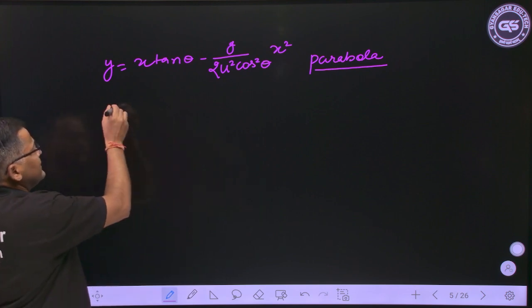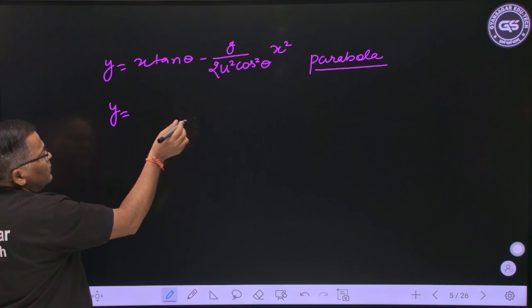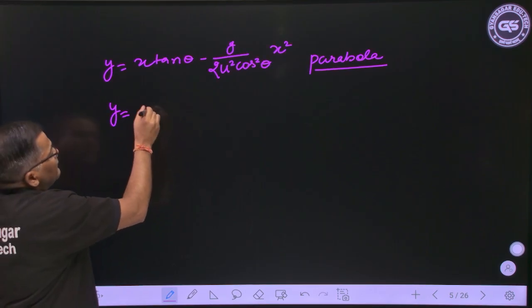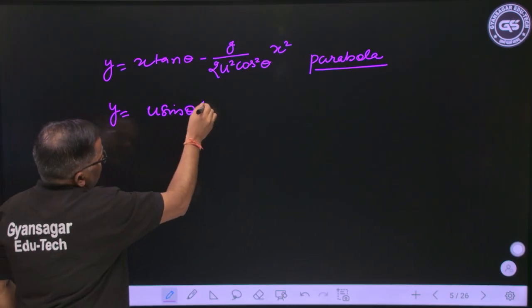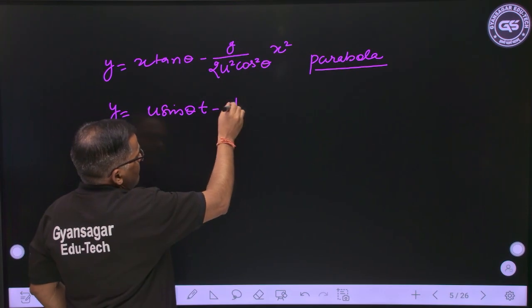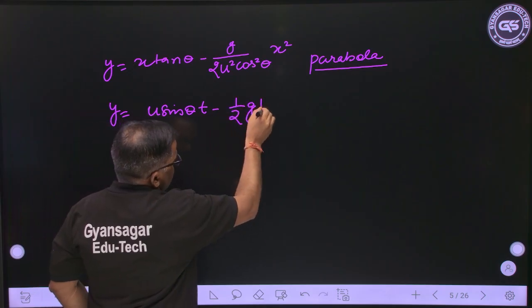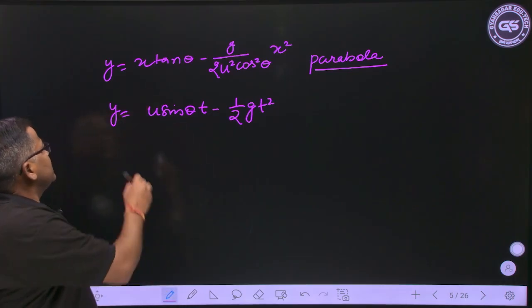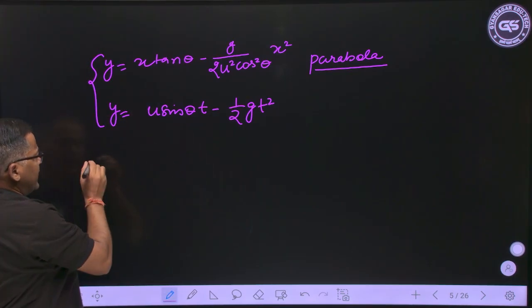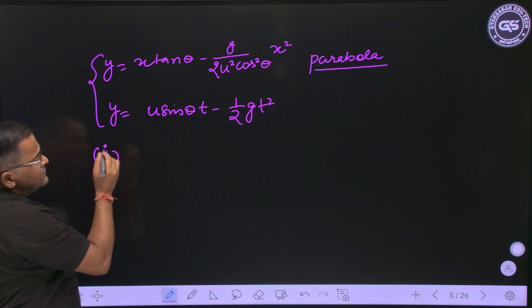Now in the beginning I had given this thing that y equal to u sin theta t minus half gt square. Now using these equations we need to find out these things.